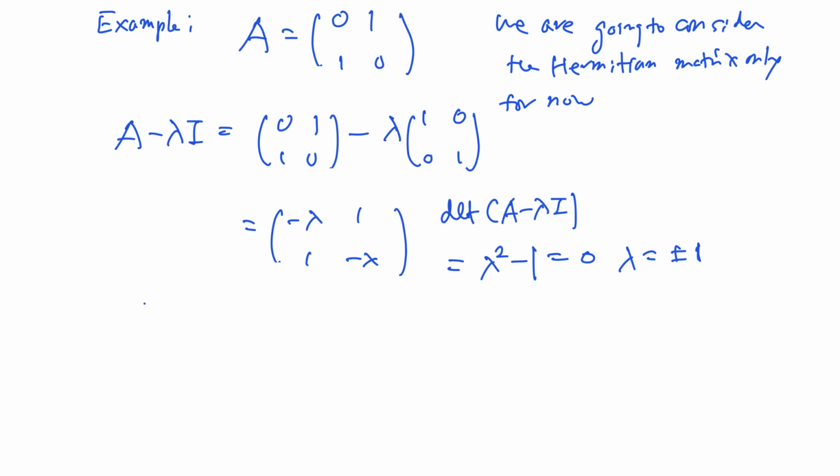So let's say lambda 1 equal to 1, lambda 2 equal to minus 1. This is somewhat familiar from the last case, right? So in case 1, lambda 1 is equal to 1, then A x equals lambda x.